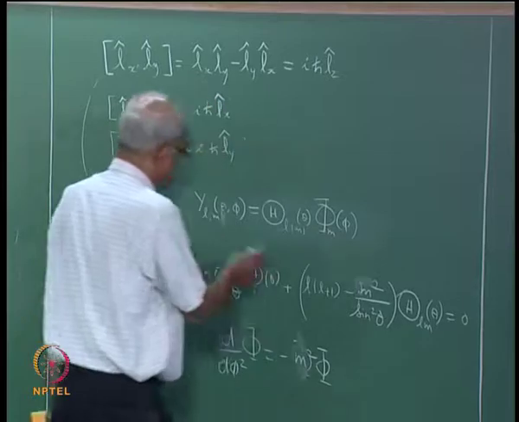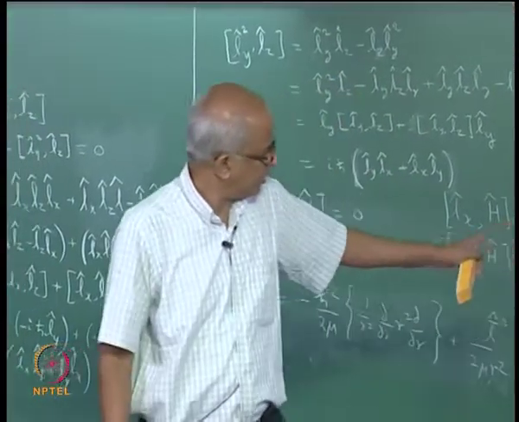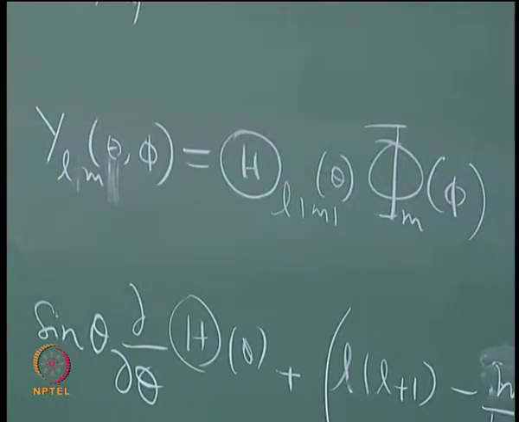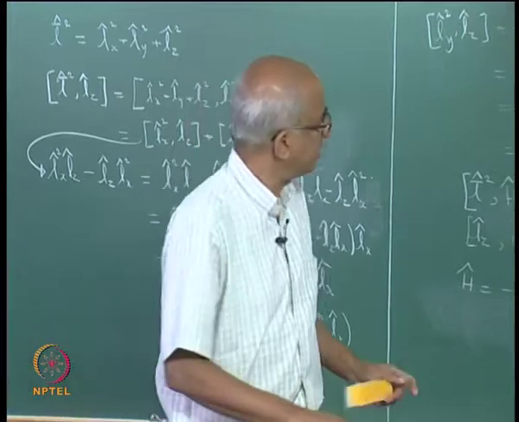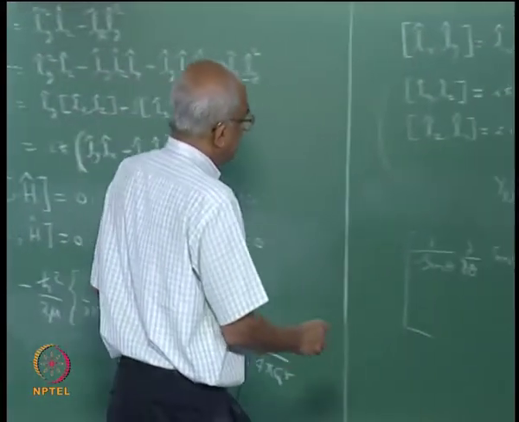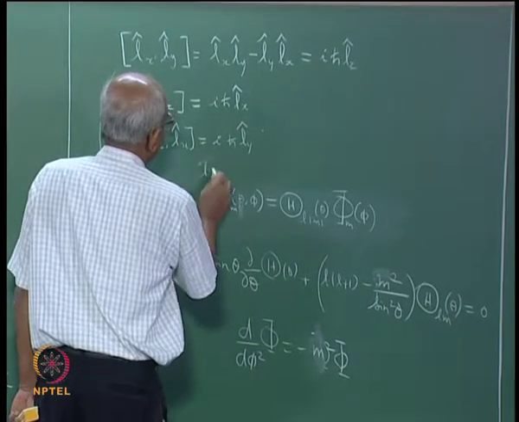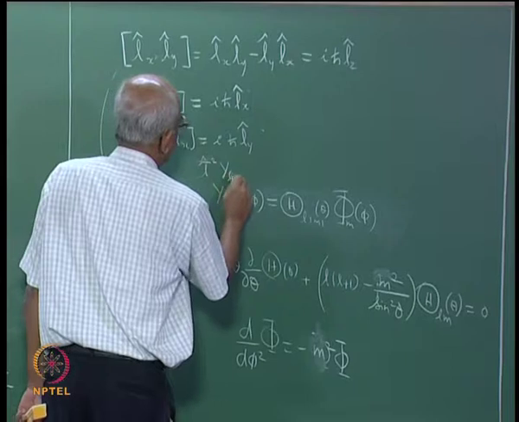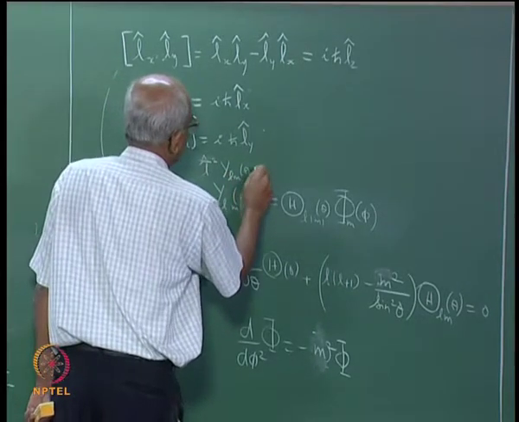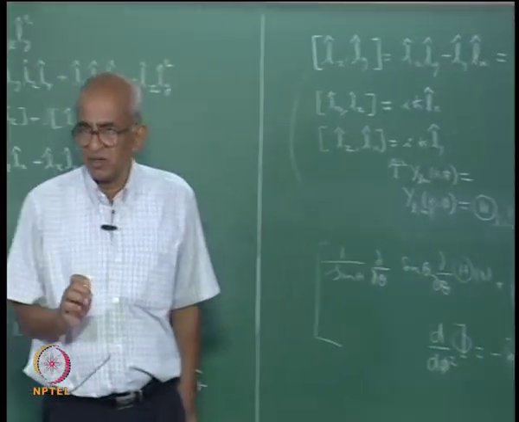This was our definition of Y. So, it is actually possible by using these two equations that are written there, it is actually possible to show, again I will not show it, but fairly simple thing, that if L squared operated upon YLM theta phi, the answer is actually simple, right.